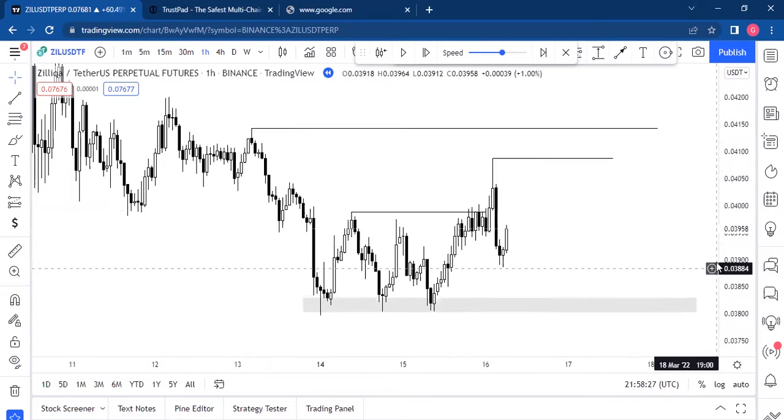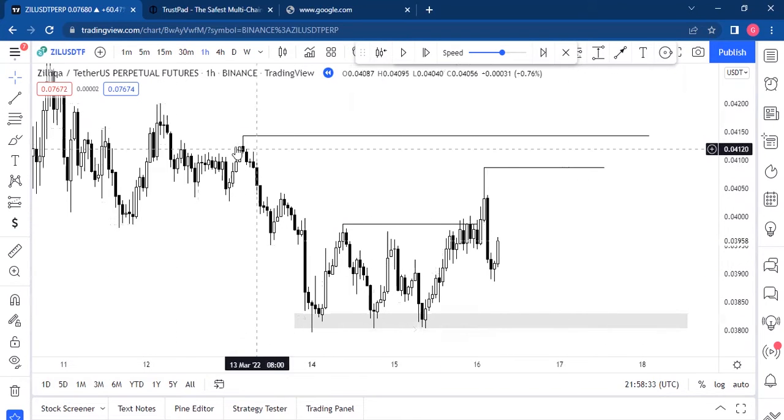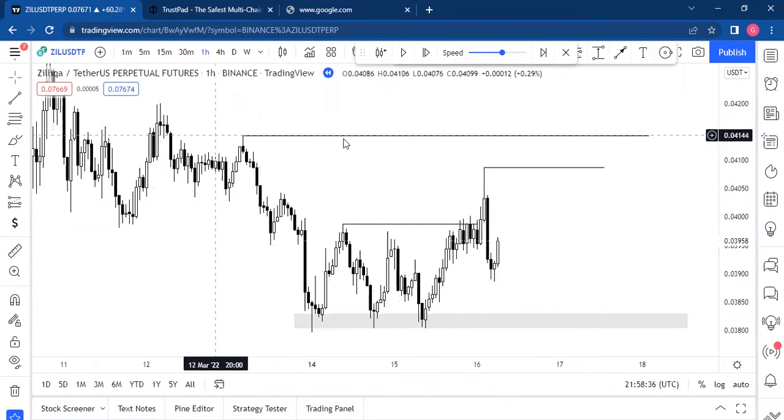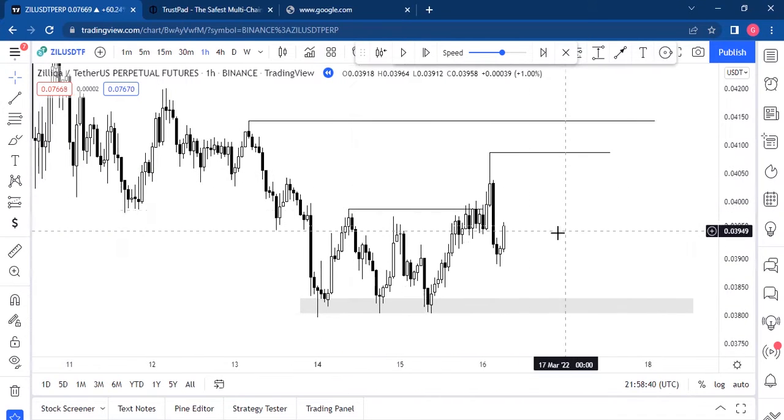We identify our various key levels: the support level, the resistance level, your demand, and your supply level. That is technical analysis, like I said.